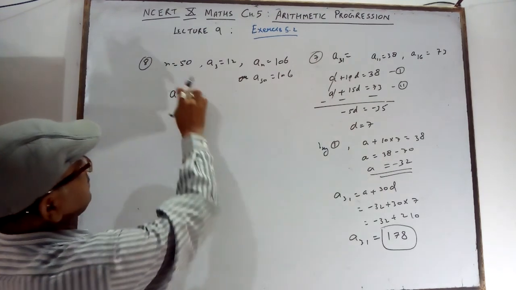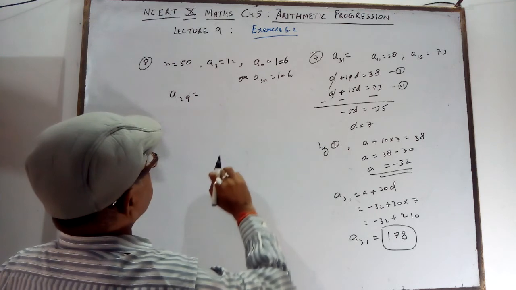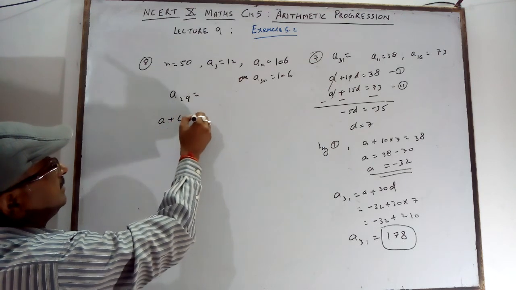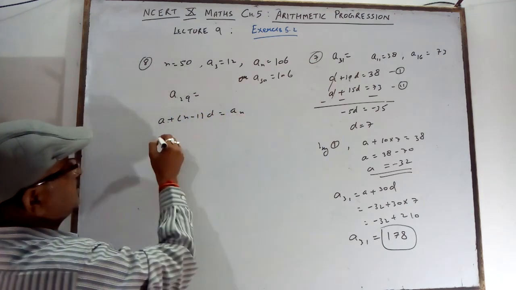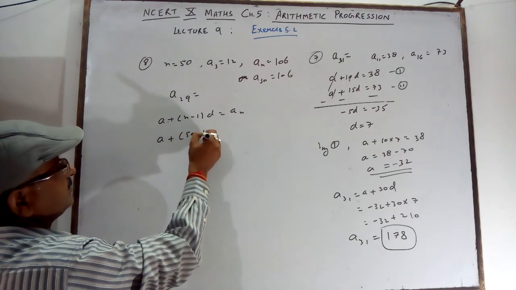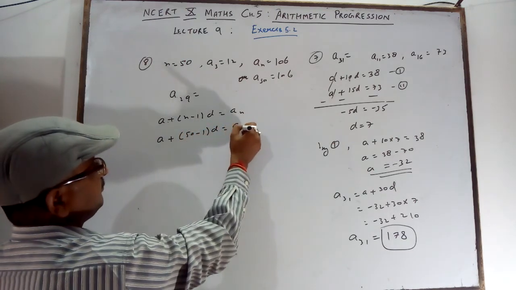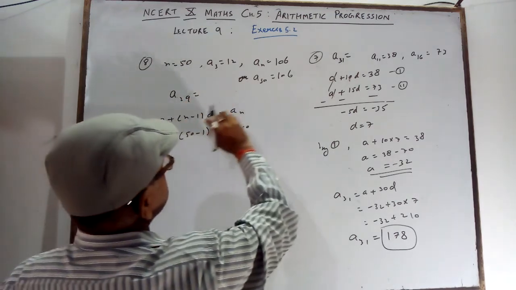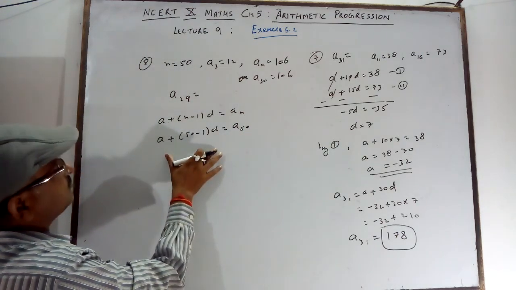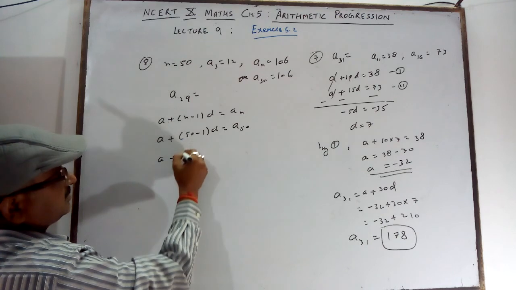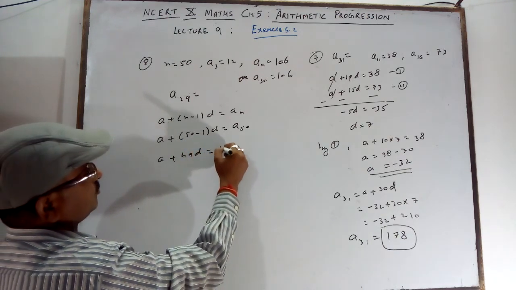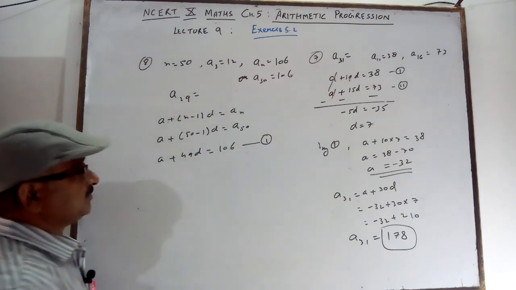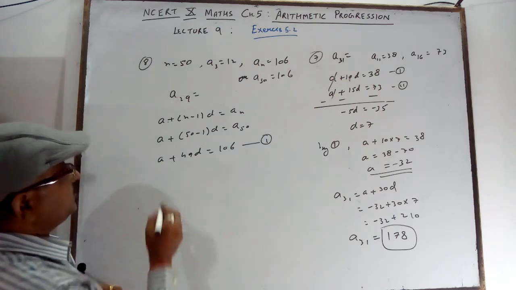So what is given? AN, that is A50. The formula is AN equal to A plus N minus 1 into D. So A plus 50 minus 1 into D is equal to A50. A plus 49D is equal to 106, equation first.